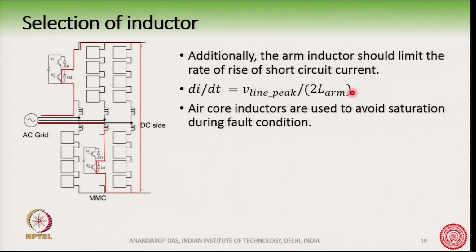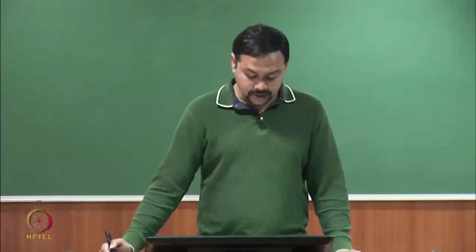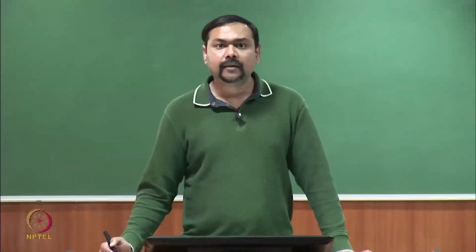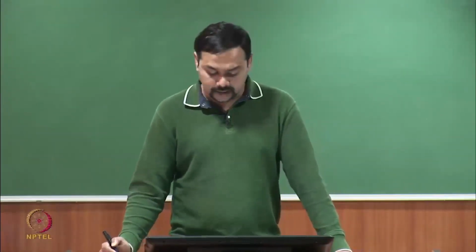This is the rate of rise of the arm current, and this value should be reasonably low so that the current flowing through the diodes does not overly stress them. So, this is an important criterion for designing the arm inductors.